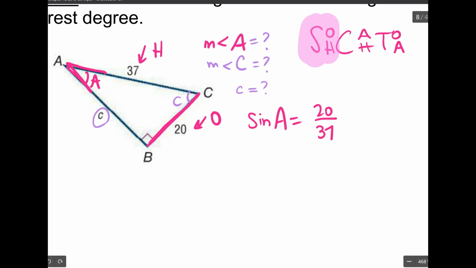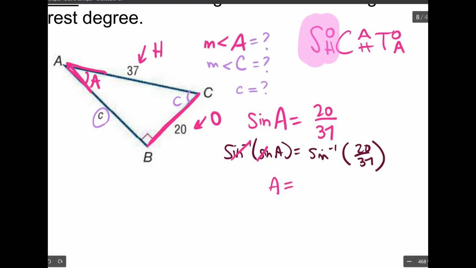To solve for angles, you use the inverse. So sine inverse of sine of A is equal to sine inverse of 20 over 37. On the left side, the sine and sine inverse go away, so your angle A is just going to be sine inverse of 20 over 37.